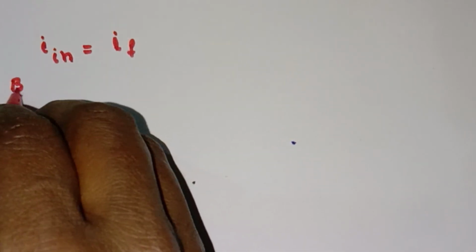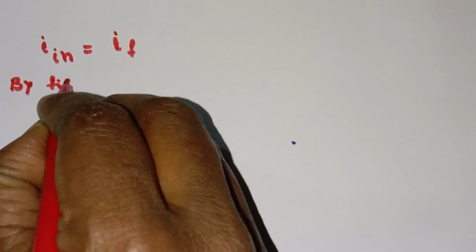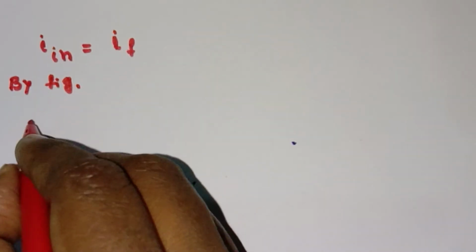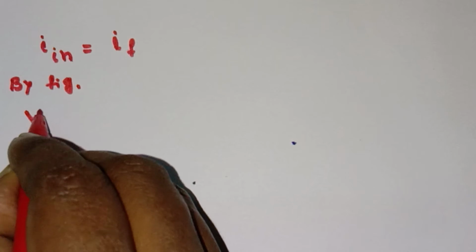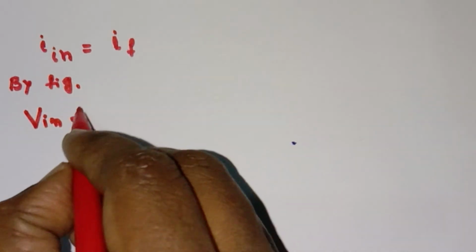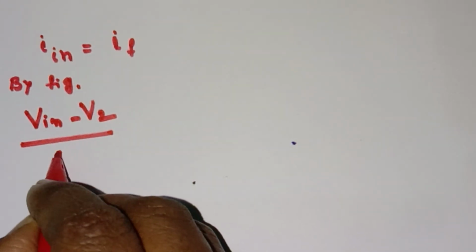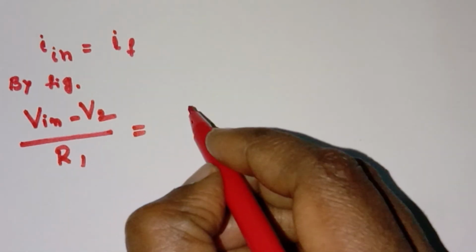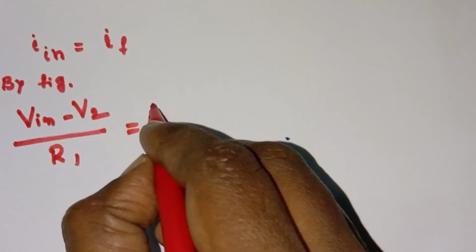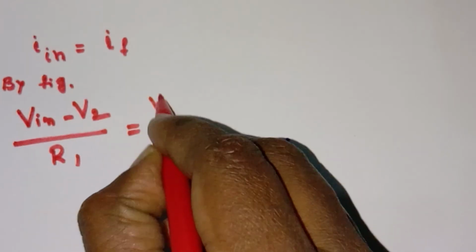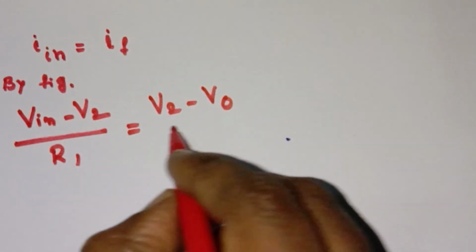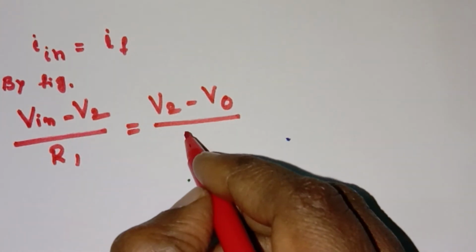Let us write that equation. By the figure, IN can be written as V in minus V2 divided by R1, that is equal to IF, which can be written as V2 minus V out divided by RF.